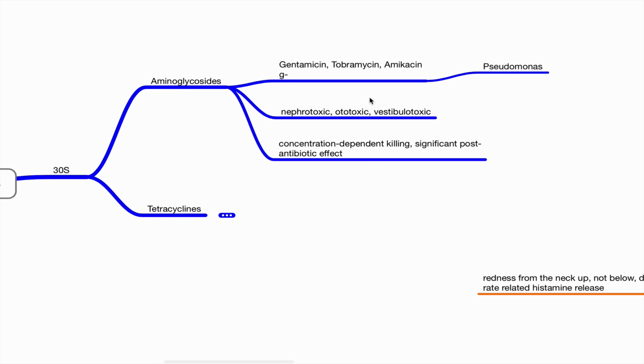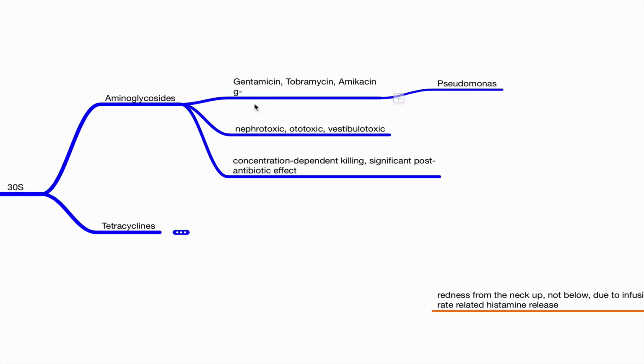the aminoglycoside family. In the aminoglycosides, we have gentamicin, tobramycin, and amikacin. And aminoglycosides only target gram-negative bacteria, including Pseudomonas. Common side effects are nephrotoxicity, ototoxicity, as well as vestibulotoxicity.